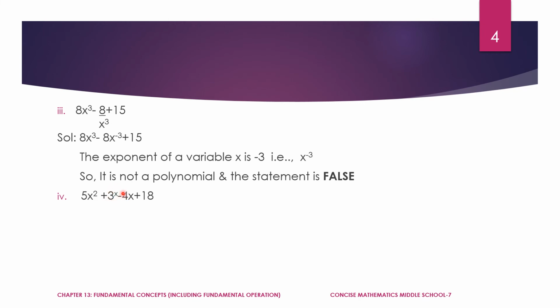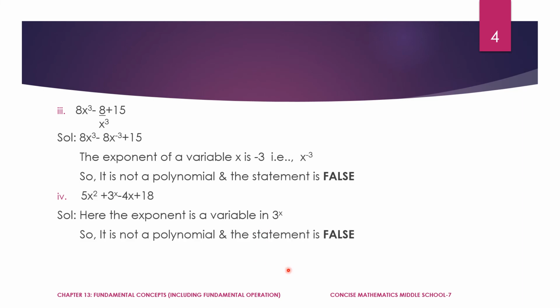Right? It is containing a variable exponent. I am explaining once again what a variable means. Alphabets x, y, z, m, let it be any alphabet, is called a variable. Here the power is a variable. So it's not a polynomial, and hence the statement is false.